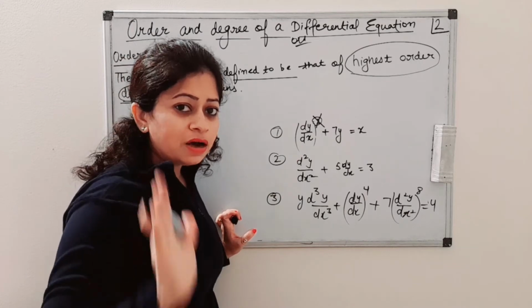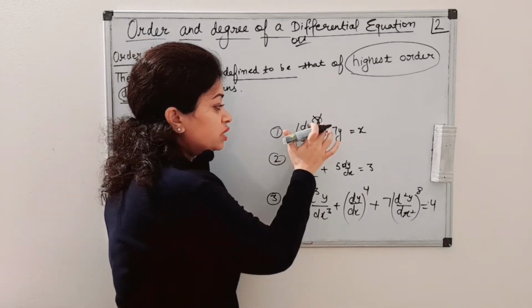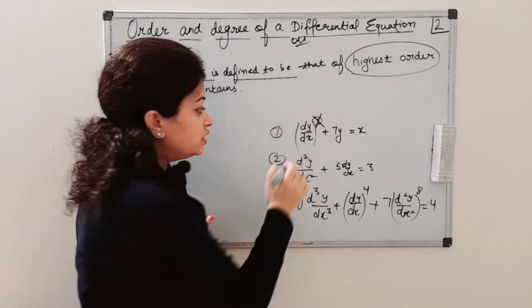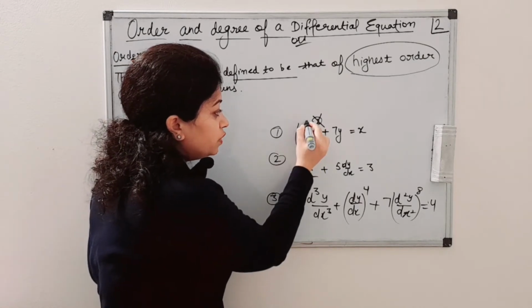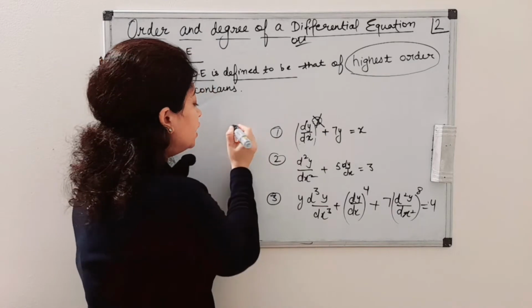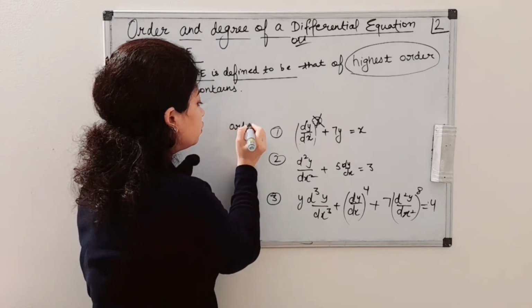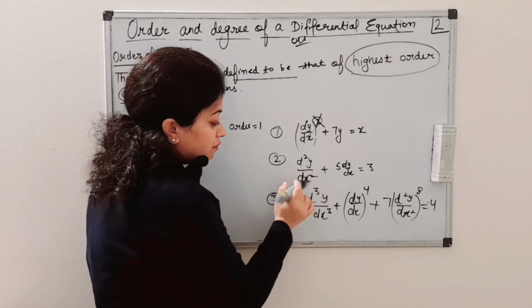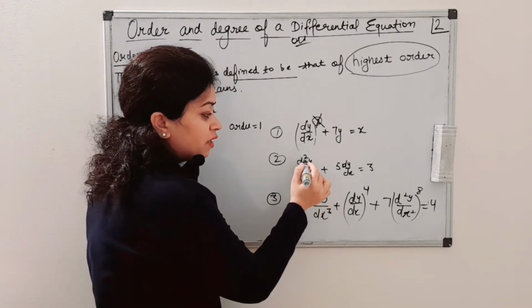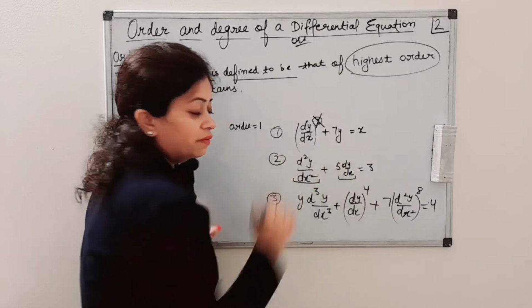We just need to see the order of the derivative. That means we have a first order derivative, so order is 1.